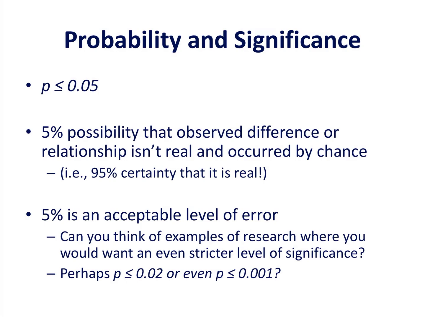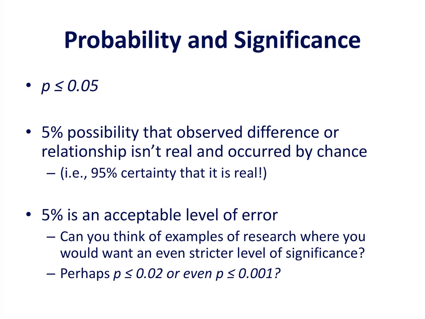So we can move our p-value and we can make it stricter. We can move that 0.05 closer to 0. Perhaps we might move it down to a p-value of 0.02 or even a p-value of 0.001.